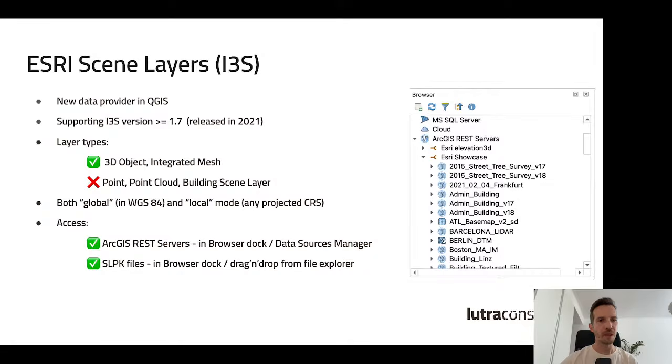The scene layers support multiple kinds of layer types. Right now in this initial release we are supporting 3D objects and integrated mesh, but we have left out a bunch of, let's say, less popular layer types. The 3D objects and integrated mesh are both kind of similar: it's some kind of 3D mesh with georeferencing.